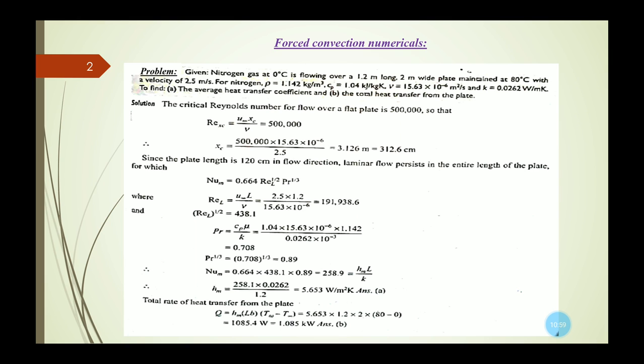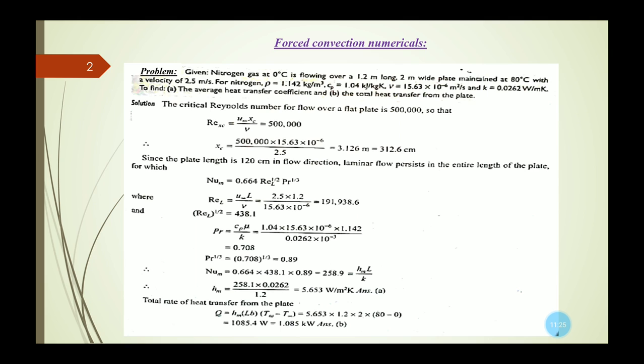So the corresponding value of the Nusselt number we have used here, which is 0.664 Reynolds number to the power half and Prandtl number to the power 1/3. So from this we have ultimately calculated the value of Nusselt number, but again Nusselt number is hL by k. So from this relation we have calculated the value of h, which is actually the average heat transfer coefficient.